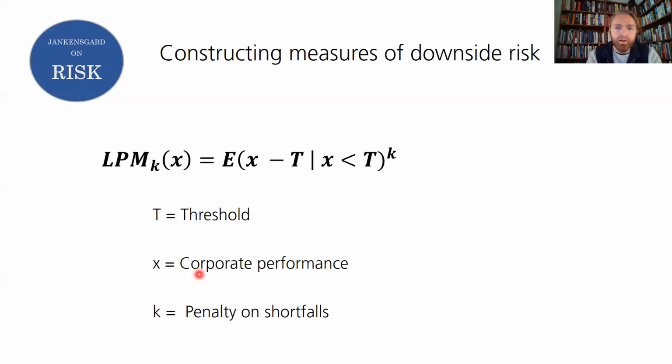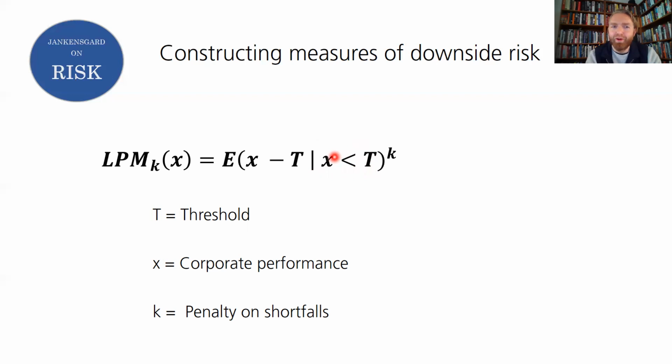So K over here is the penalty applied on shortfall. Whenever a shortfall occurs, meaning that the performance is below the threshold, that's the meaning of this conditional statement here, risk is only when we fail to meet the threshold level.